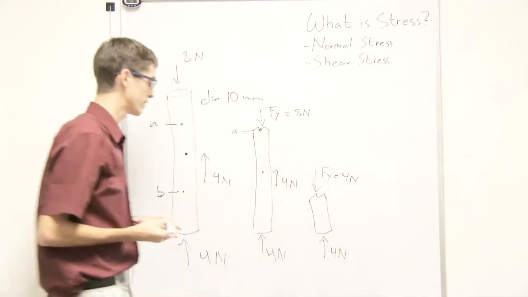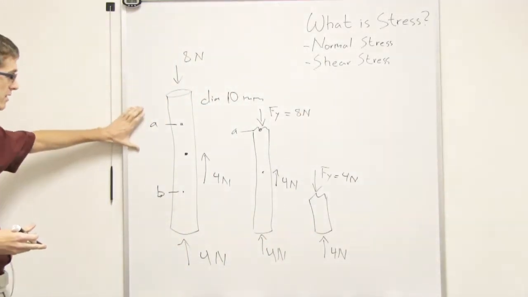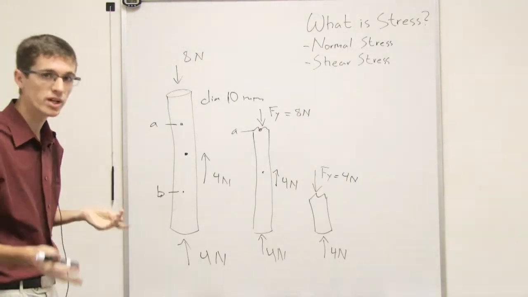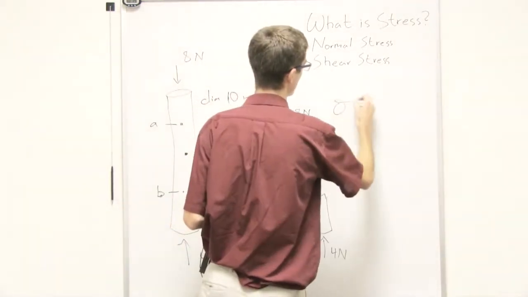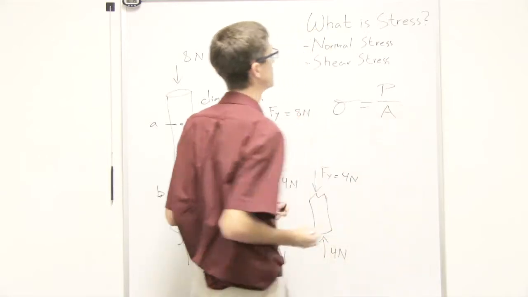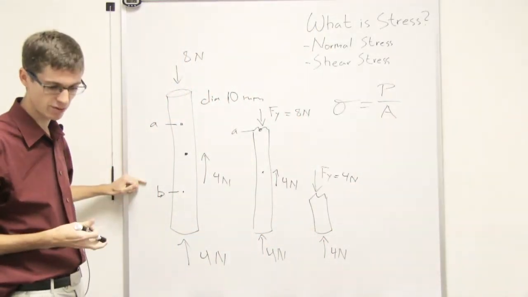And so that's interesting. The internal forces are different in this section than in this section. And so we know then that the stress is probably going to be different as well, because, remember the formula? Stress is equal to P over A. So the forces, therefore, are going to be different.